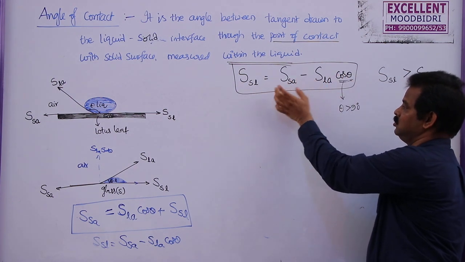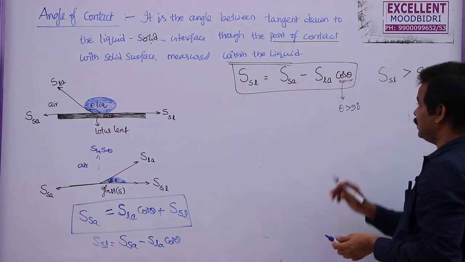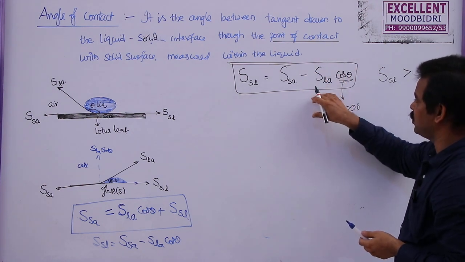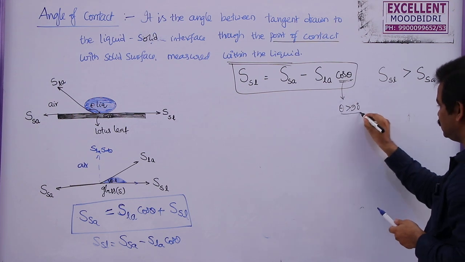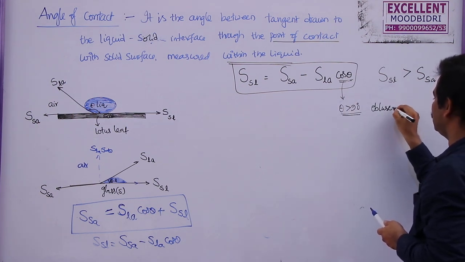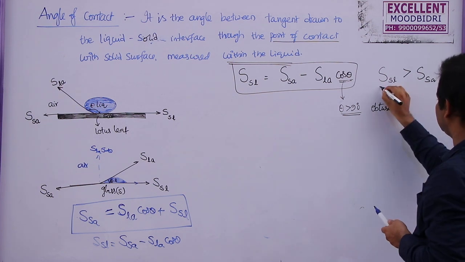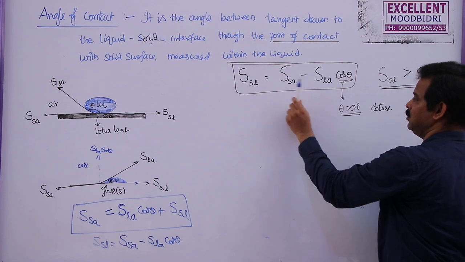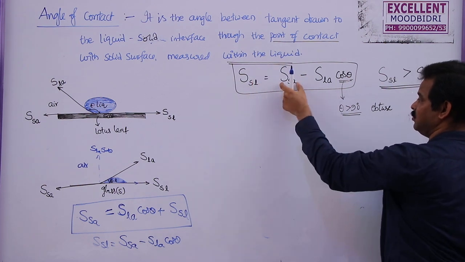Then by adding these two, if theta is between 0 and 90, this value will become negative. Now in these cases, if theta is obtuse, and if S_SL is greater than S_SA, then by adding these two you will get S_SL.